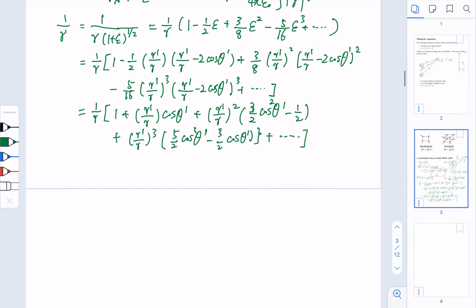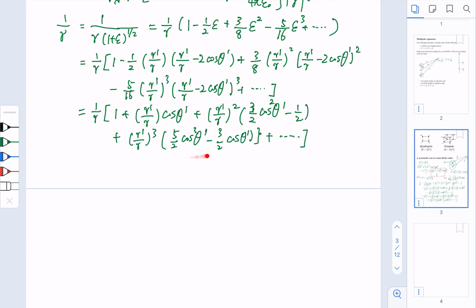Now this expression seems a bit long and tedious, but I don't know if you remember anything. But here, this is actually P0 cosine theta, which is the zeroth order of the Legendre polynomial. And this term is actually P1 cosine theta, which is the first order of the Legendre polynomial. And magically, this term is actually P2 cosine theta.